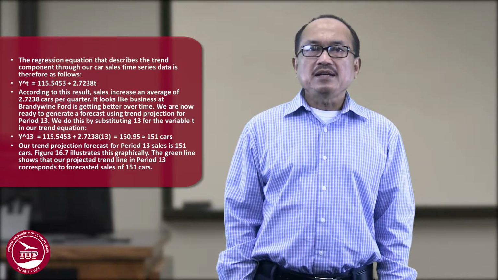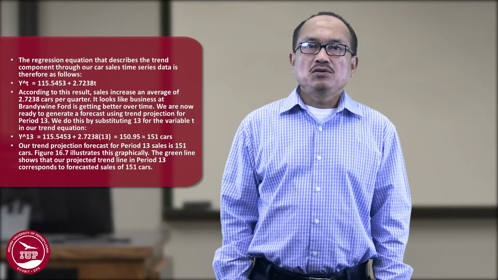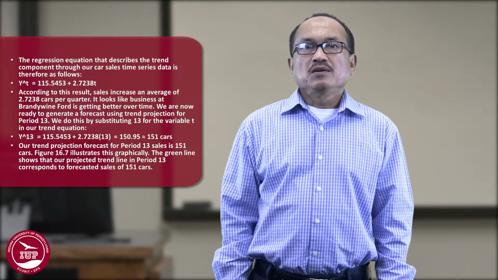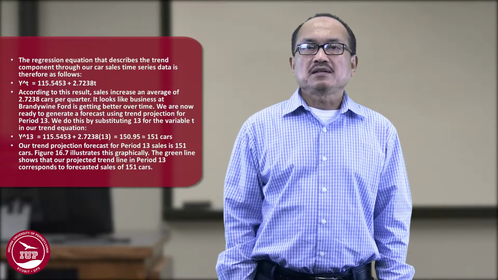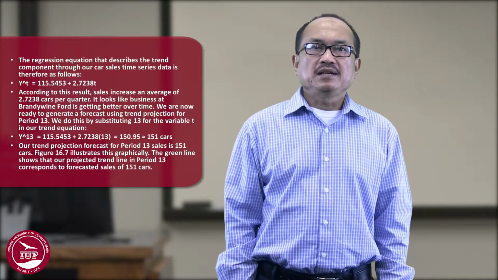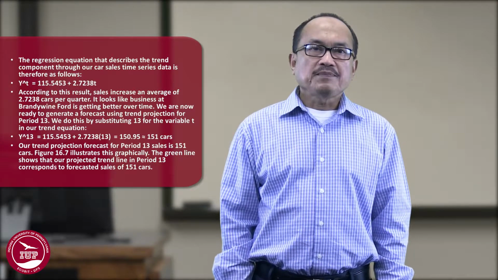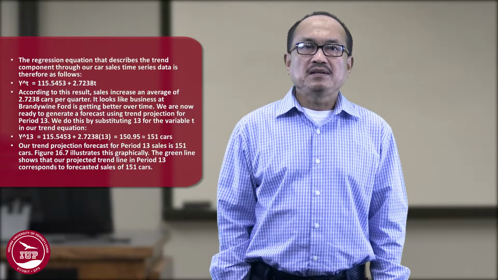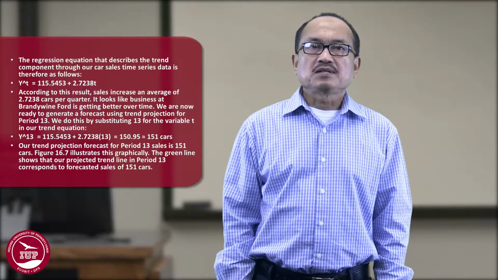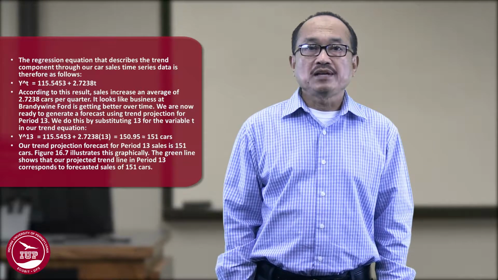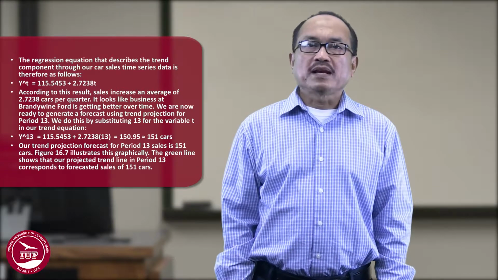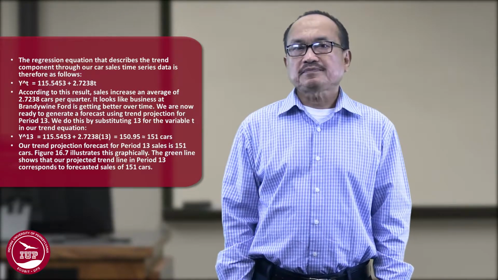We are now ready to generate a forecast using trend projection for period 13. We do this by substituting 13 for the variable t in our trend equation. ŷ_13 equals 115.5453 plus 2.7238 times 13, which is approximately 151 cars.